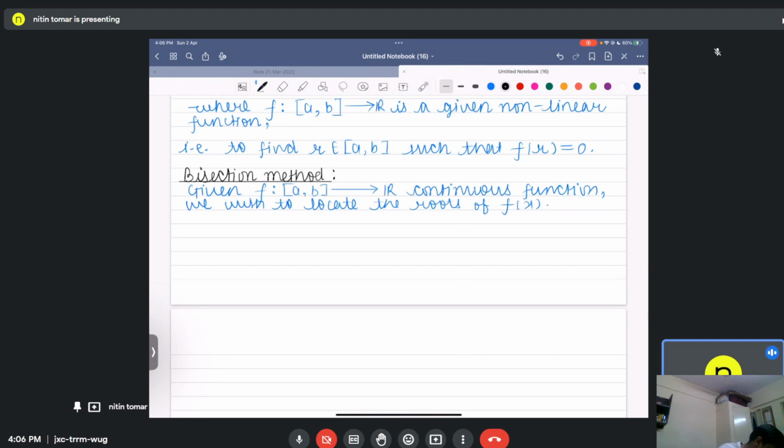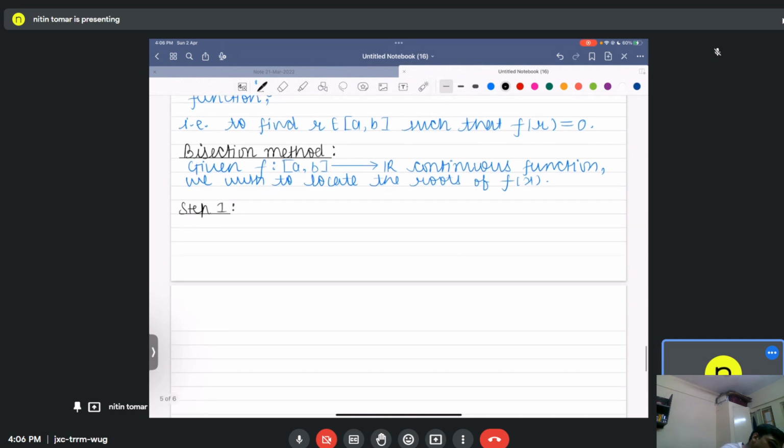So in this process, step 1 is to define x1 to be the midpoint. So why is it called the bisection method? Bisect means to cut something into half.